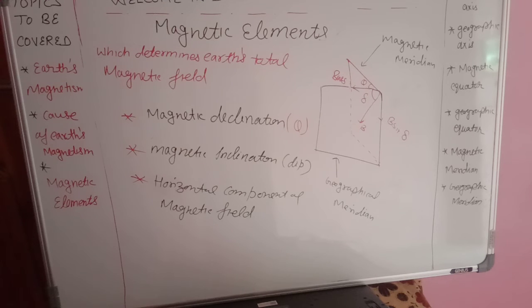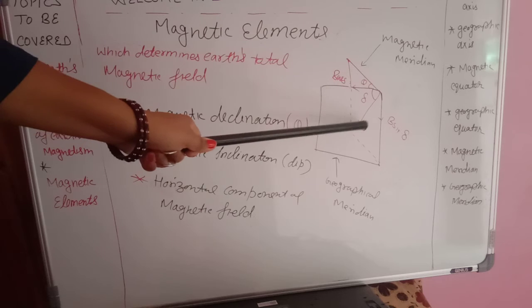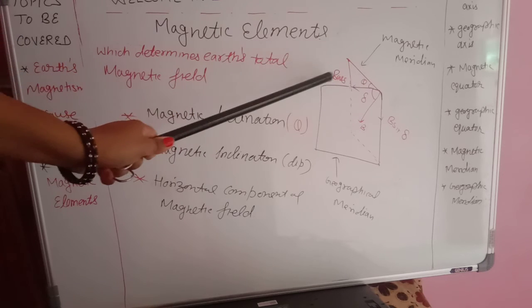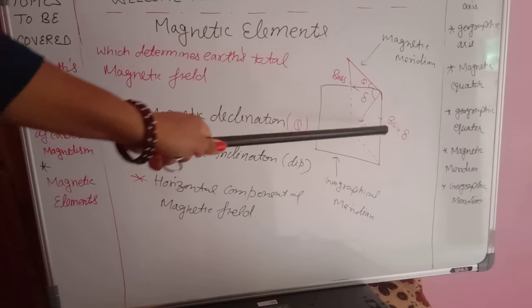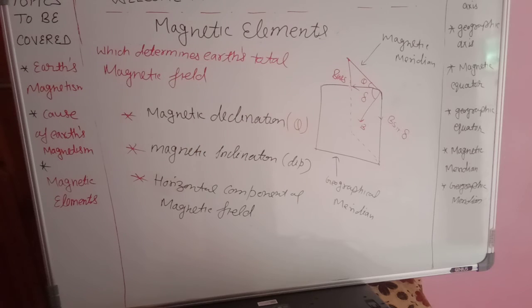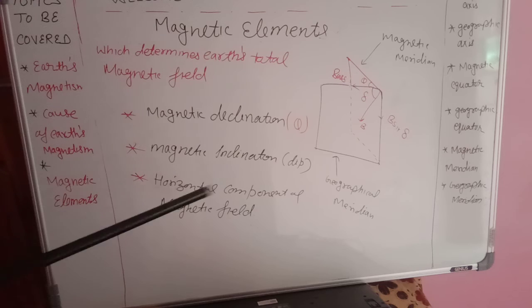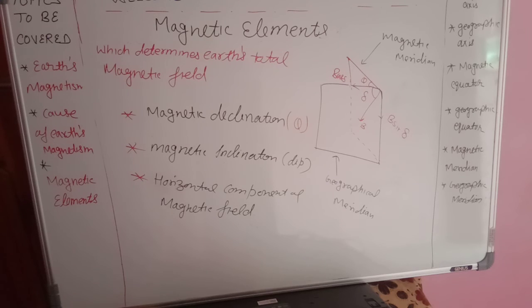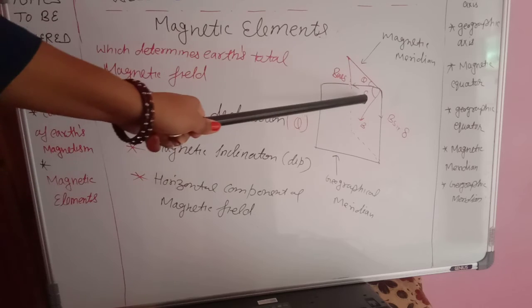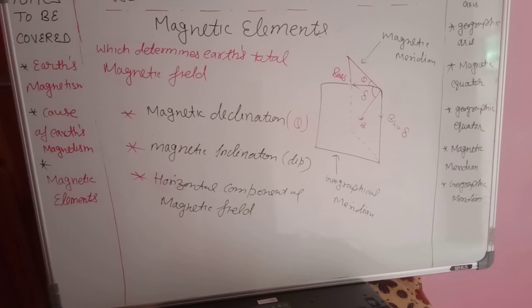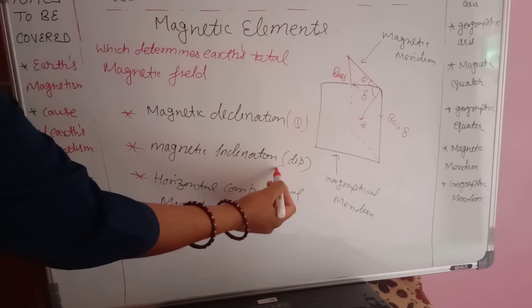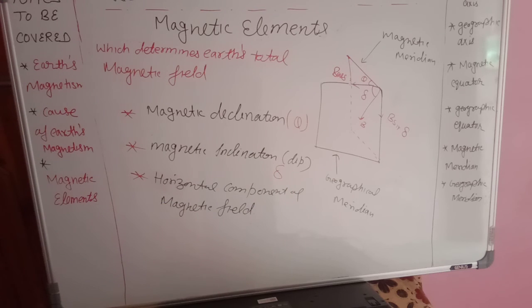You know that the magnetic field can be resolved into 2 components. One is horizontal, B cos delta, and one is vertical, that is B sin delta. And the last one is the horizontal component of magnetic field. So these all 3 elements are very important. This magnetic inclination or dip is denoted by the letter delta.